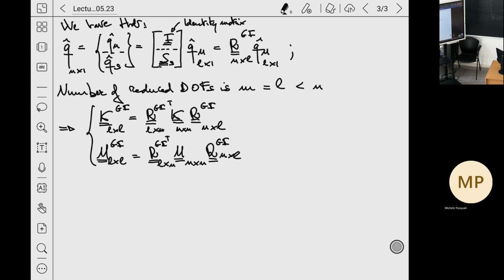So now the question is, how can I, at least partially, selectively introduce part of the dynamics of the slave nodes within my model, but only the part of the dynamics of the slave nodes which is of interest to me. That's to say, the modes, the eigenfrequencies, which fall within my bandwidth of interest. How can I do that? This is achieved through the Craig-Bampton condensation method, or also called the dynamic condensation, okay, which we will see now.